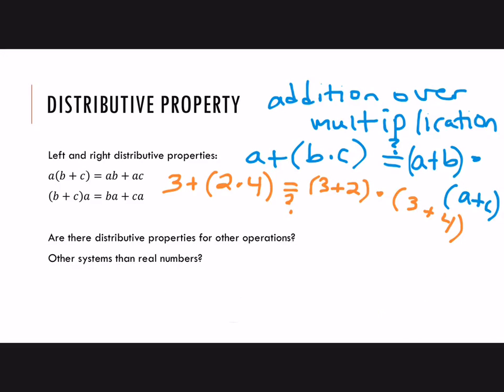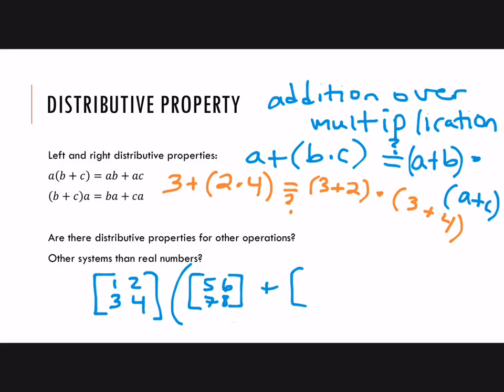Here's one. I don't know if you had matrix algebra before, but if you did, this may look familiar. Matrices are just grids of numbers like this. They're displayed in brackets. Here's a distributive property for matrices. If I had a real big long one like this, and let's say I'm adding here, and let's make this one different. How about 0, 2, 8, 3?